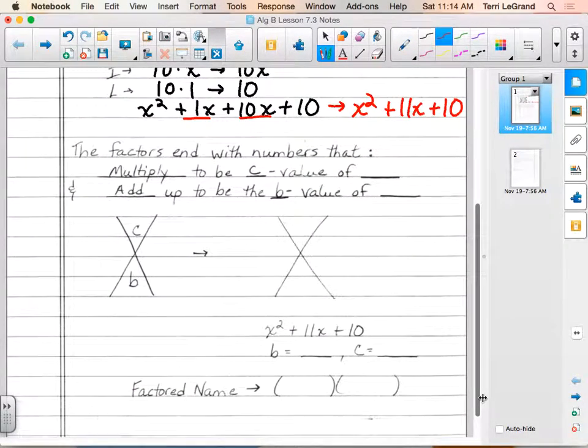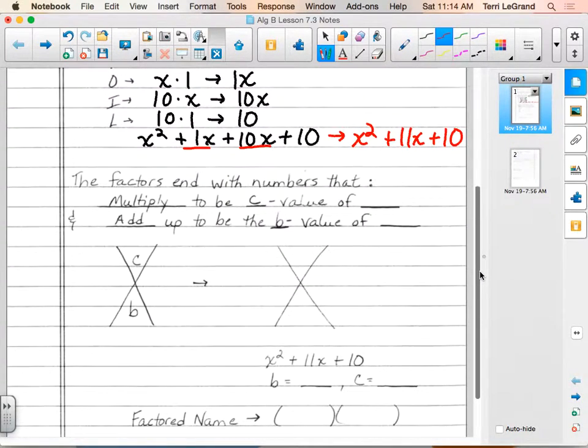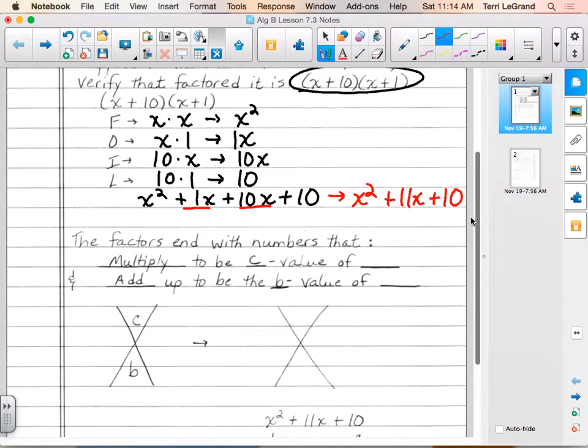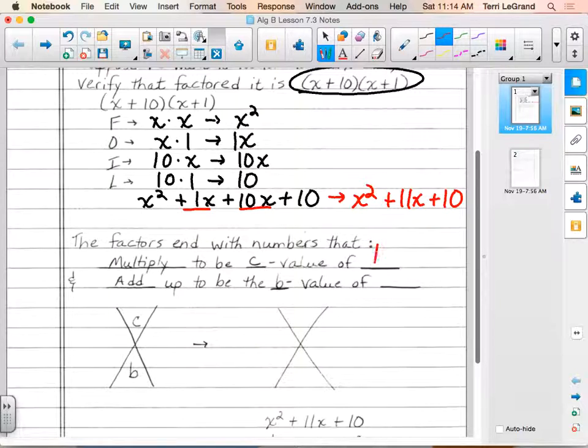Okay, so here's how we factor them. Those factors end with the numbers that multiply to be the C value, in this case our C value was 10, and add up to be the B value. B is how many x's there are, of 11.